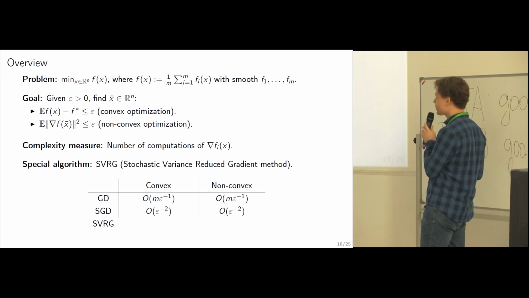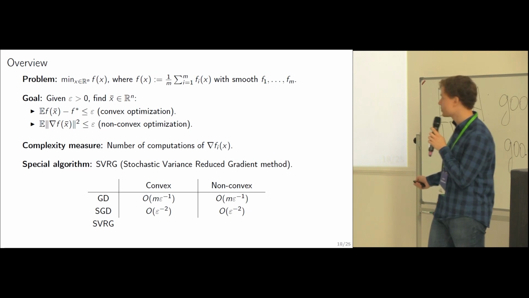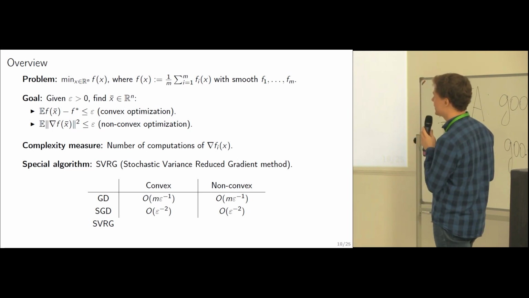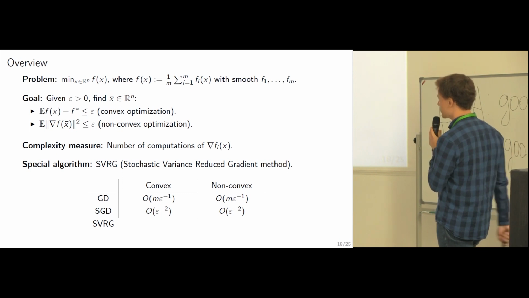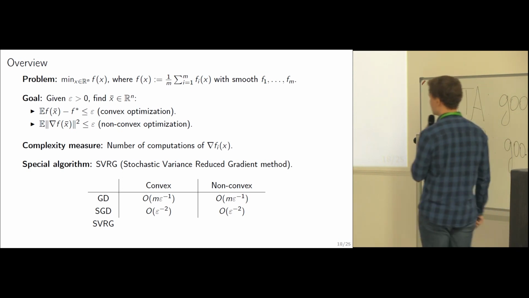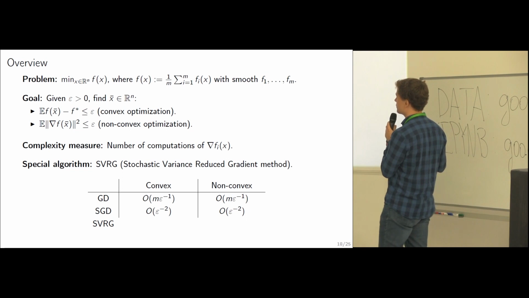If we compare it to the SGD method that we talked about previously, then we know that its dependency on epsilon is worse. It needs epsilon to the minus second iterations. However, this method does not depend on m at all. And this was the reason why we considered this method when m was very big.